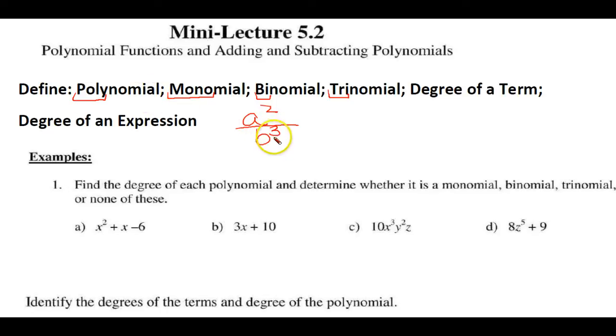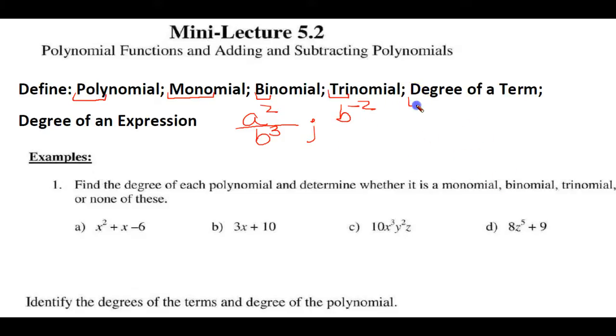It's kind of a technical definition. Another definition you sometimes say is if you have a term, let's say b to the negative 2 power. If you have any variable with a negative exponent, that's not considered a polynomial. That's if you're being really technical.